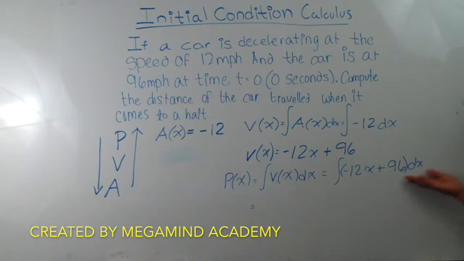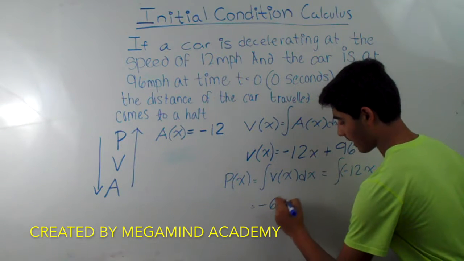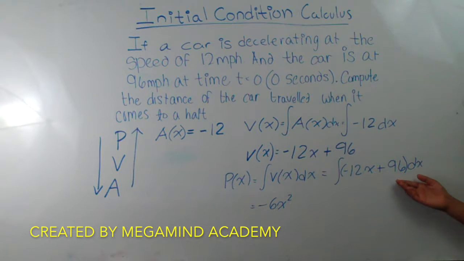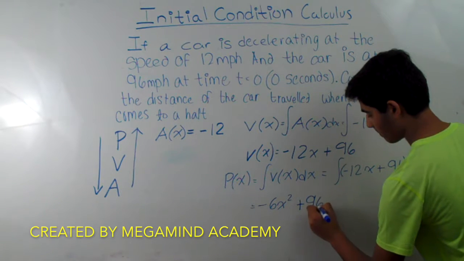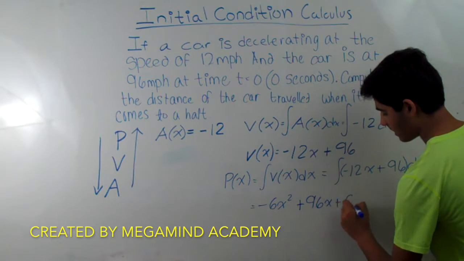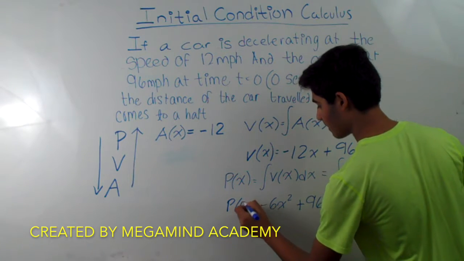The integral of this would have to be equal to negative 6x squared plus 96x plus c, which is equal to p of x.